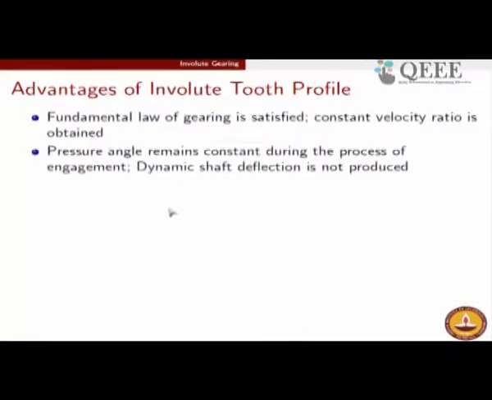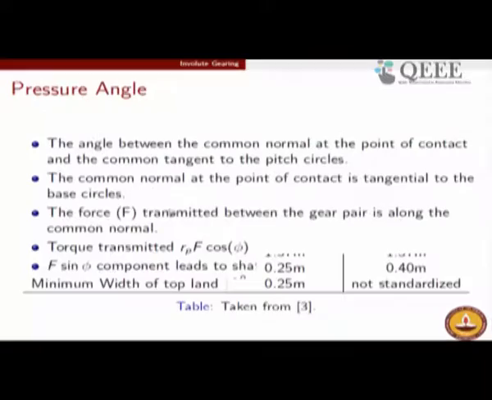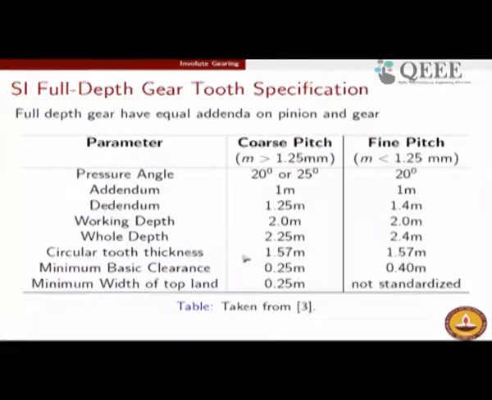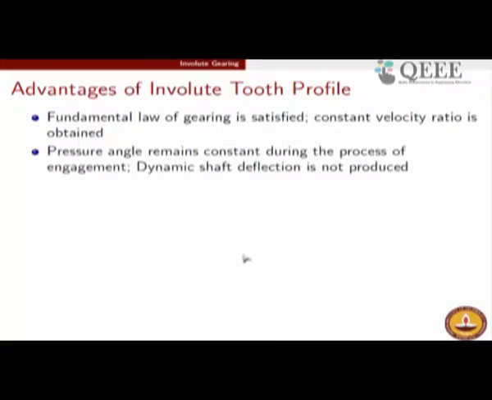But in a cycloidal gearing arrangement, because the common normal is changing, the pressure angle will not remain the same during the process of engagement, it will change, and once it starts changing, both of these components, f sin phi and f cos phi, will also change. That can cause a lot of problems associated with dynamics and vibration.